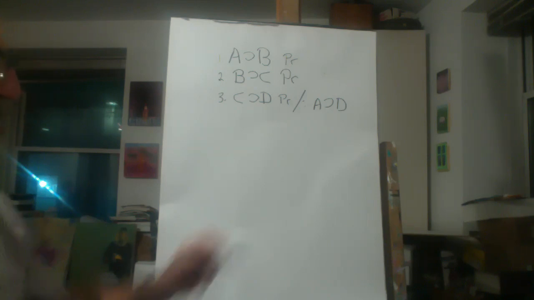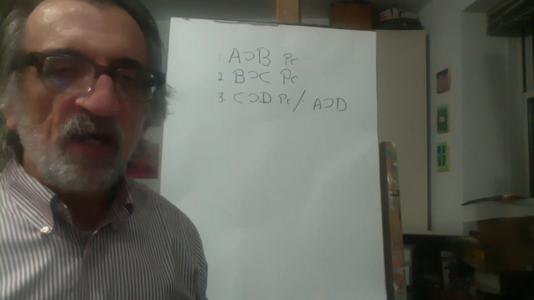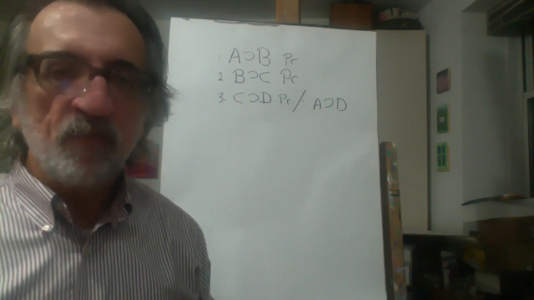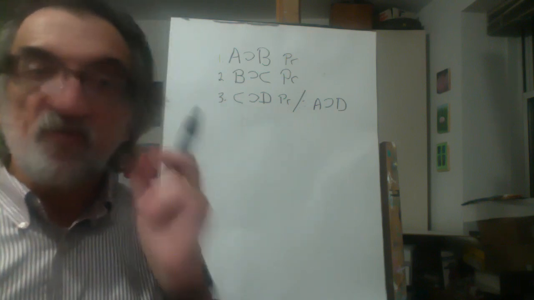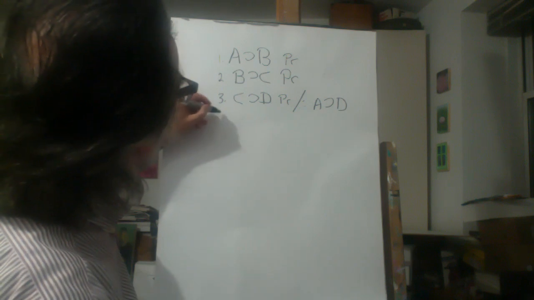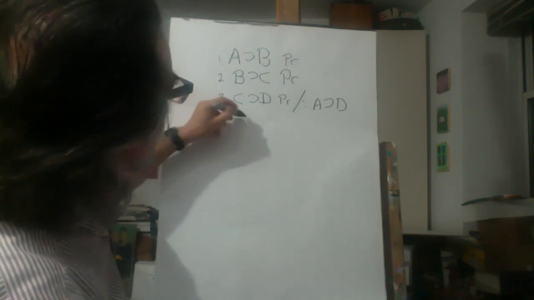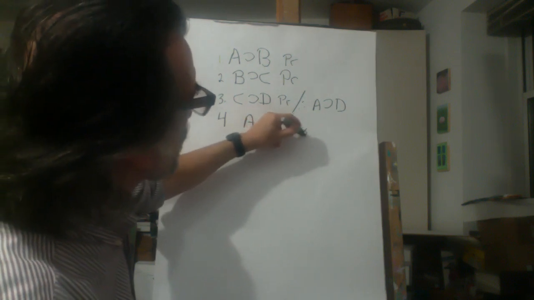Okay. We're trying to prove the truth of this conditional, A horseshoe D. So we put in an assumption, which is a pretend premise, okay? And we call this an assumption.